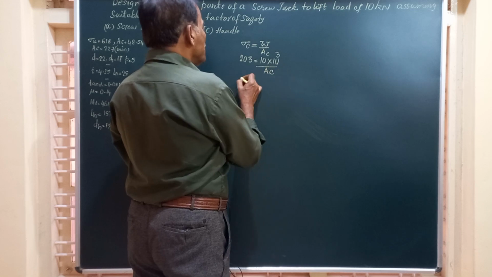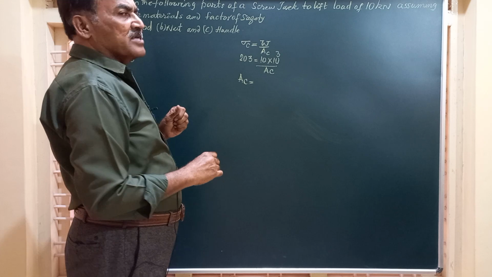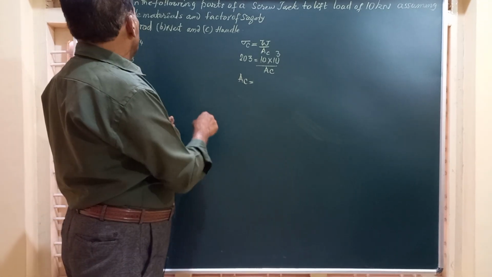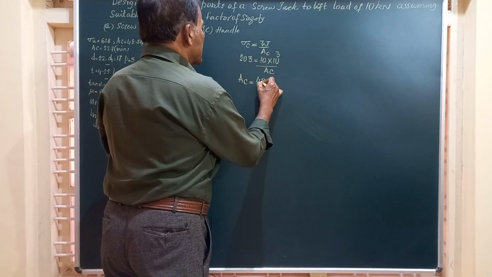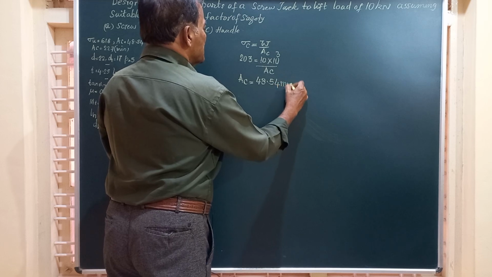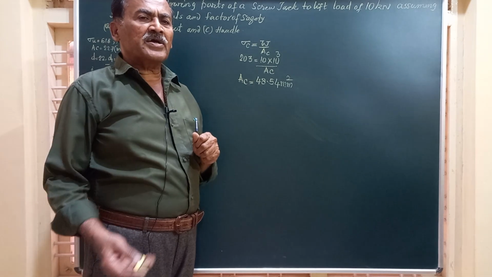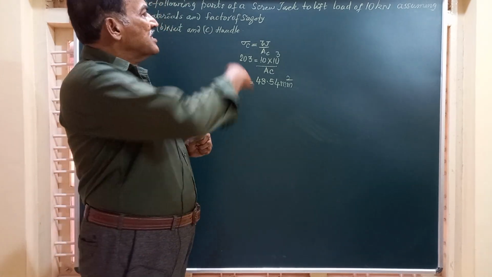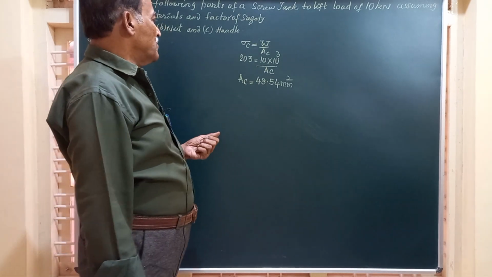So friends, if you simplify this, you get the core area of the square rod, that is the normal square rod used in the problem, which works out to 48.54 millimeter square. This is the minimum area of the rod required to sustain this load of 10 kilonewton. So the higher the load, the more core area is required. That is very obvious and all of you know.